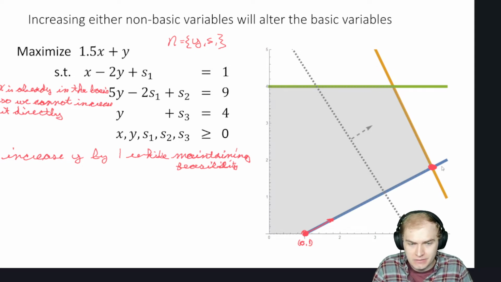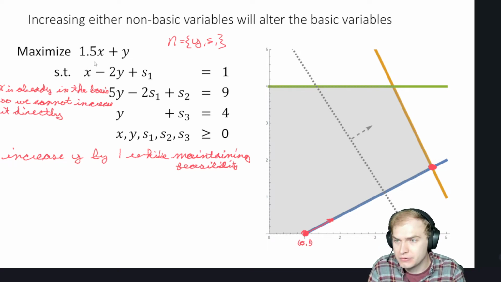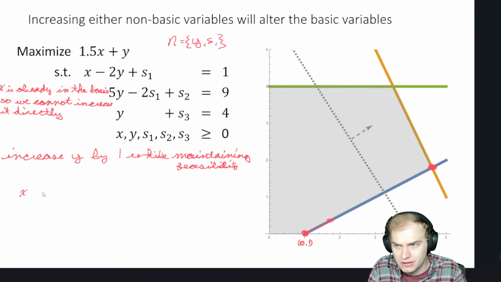So how do we find out? I guess the question is, how does that affect our objective function value? That's what we want to know. So we look at this blue constraint, our first constraint: x minus 2y equals 1.